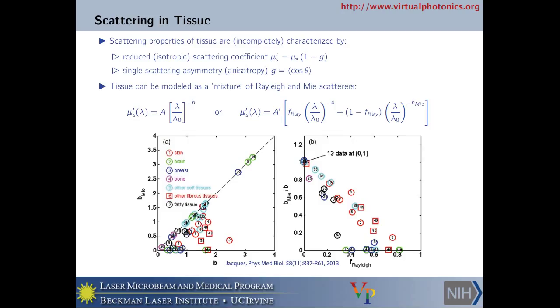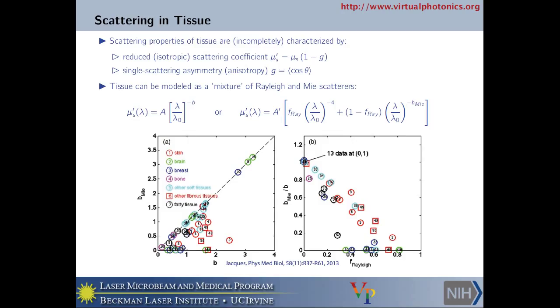But if you have a lot of Rayleigh scatterers, their Gs are going to be much smaller because they scatter equal amounts of light forward and backward. They actually do a much more effective job of randomizing the light propagation direction. And so μs prime is a way of putting the scattering effectiveness of different types of particles on the same playing field. And that will be very important.